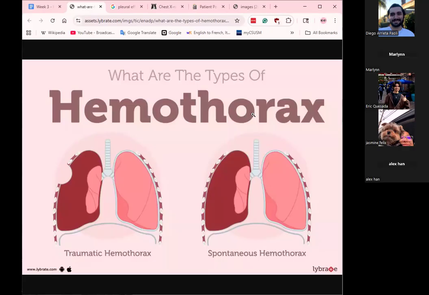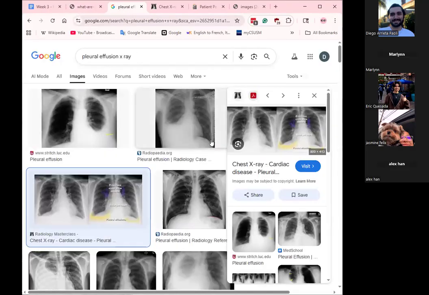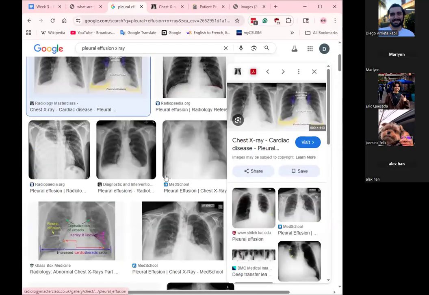It's less emergent. The chest tube is for higher acuity, I guess you could say. The chest tube is more for emergent situations, while the thoracentesis is a little bit less so.